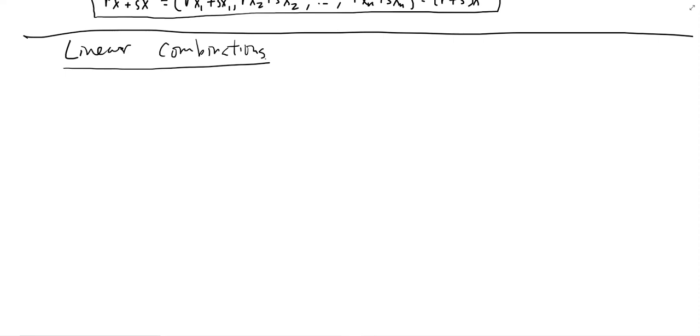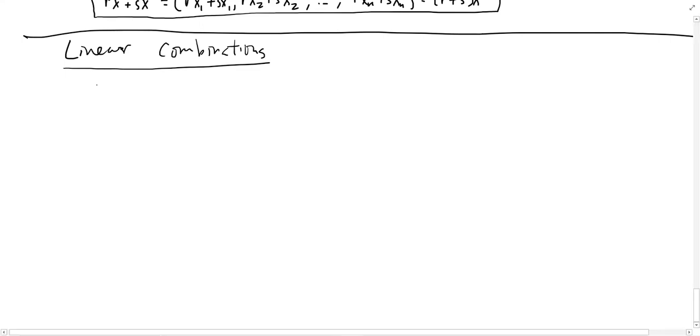It means there's no multiplication between vectors. So a linear combination of vectors means combining vectors together to form a new vector, but with no multiplication of vectors involved. And because there's no multiplication of vectors involved, all the vectors involved in the expression can only be to the first power.